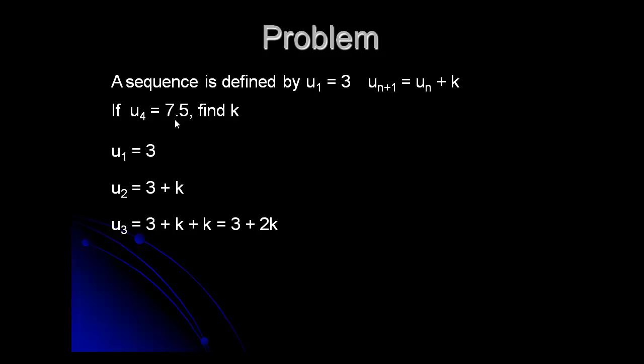And to get to the fourth term, which we know the value of, we would add k again to this. So we get 3 plus 2k plus k, in other words, 3 plus 3k. And we know that that has a value of 7.5. If we subtract the 3 from 7.5, we get 4.5. And if 3k is 4.5, then clearly k is 1.5.